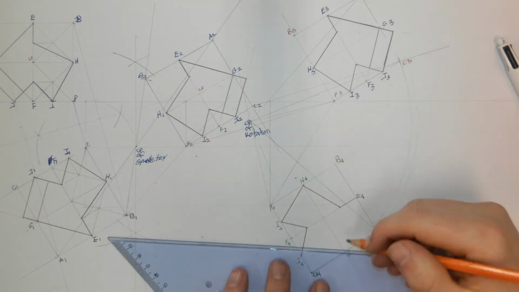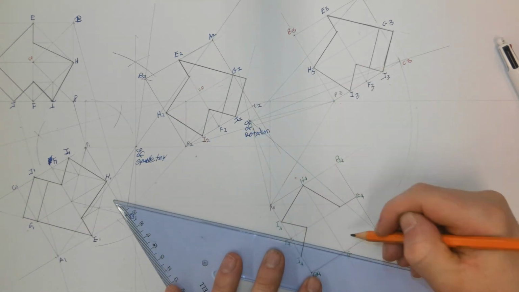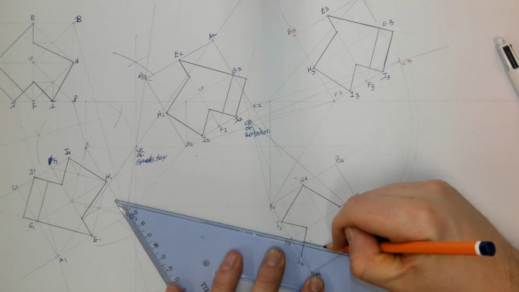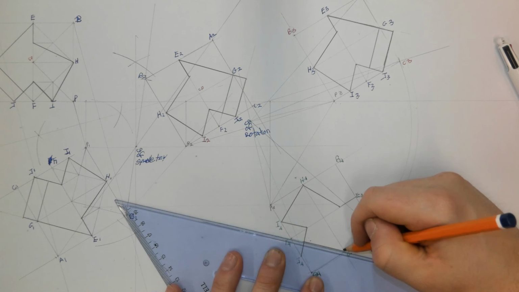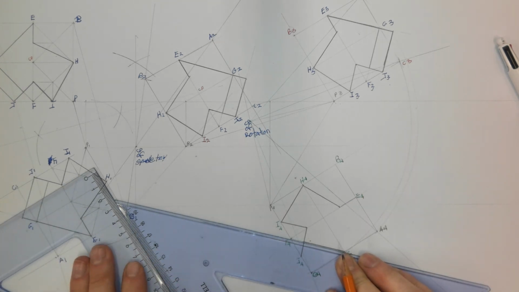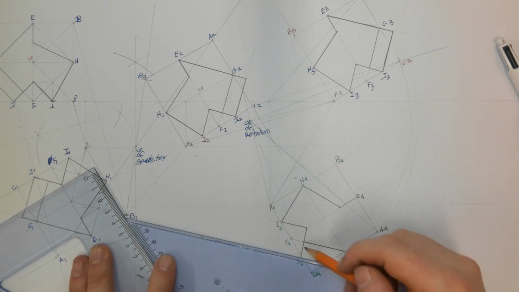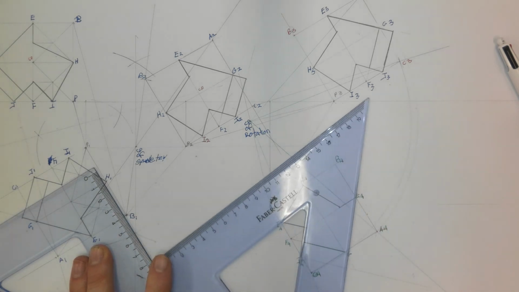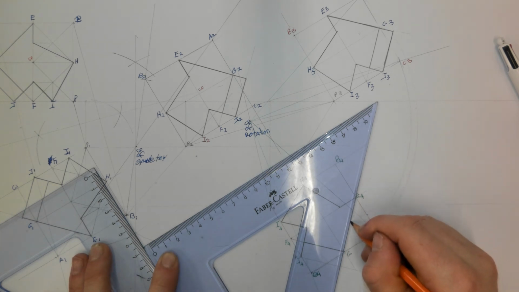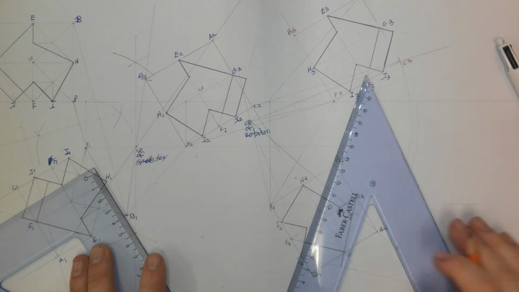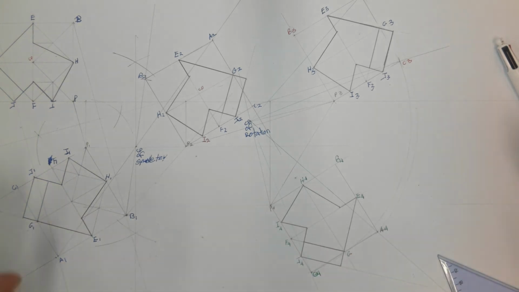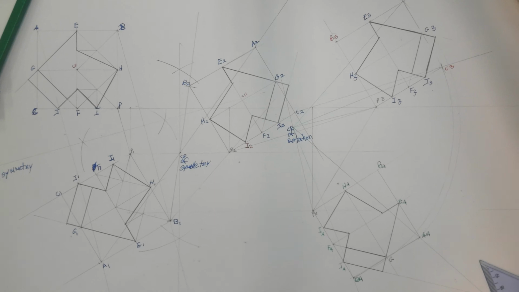We know we can join F4 to G4. We can draw our line parallel to that from J4, and then we can join E4 to G4 in there, and that's the 2011 question done.